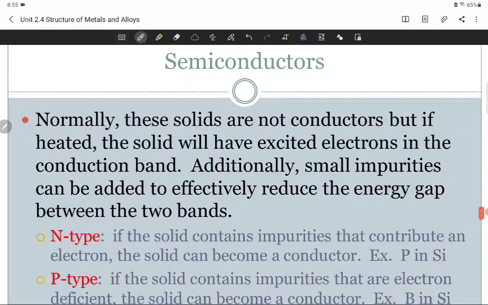Some people can even call it an alloy. You can change the conductivity properties of the material by either adding something that has more valence electrons, or adding something that has fewer valence electrons.